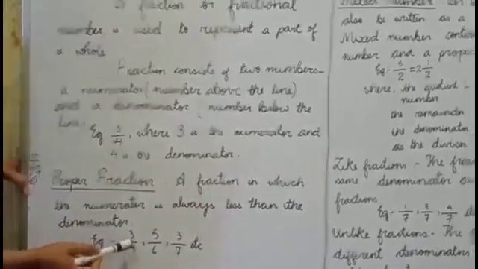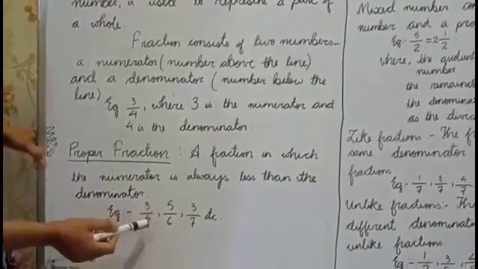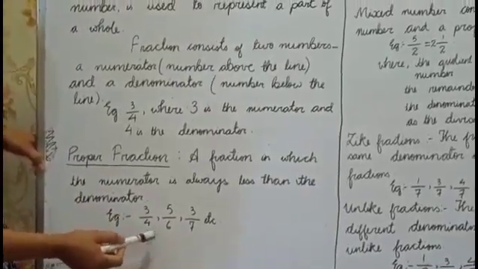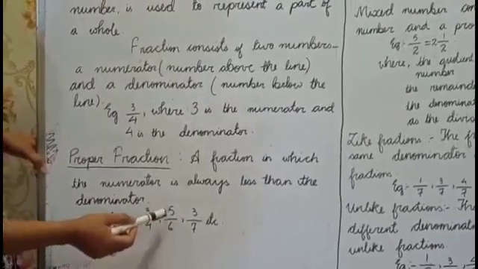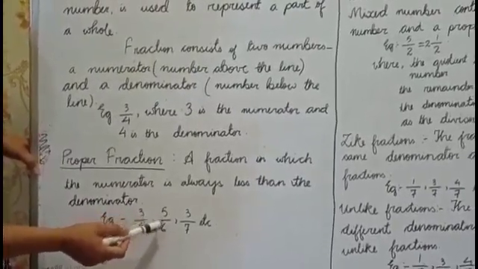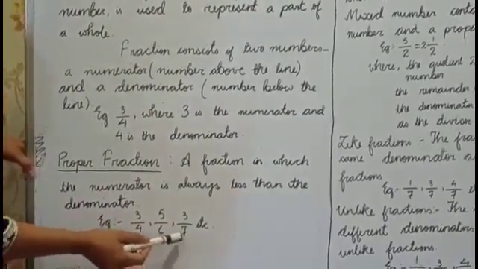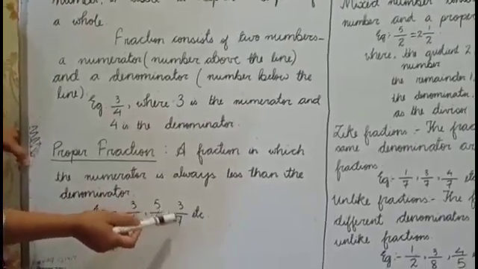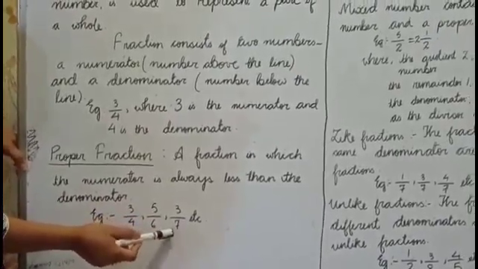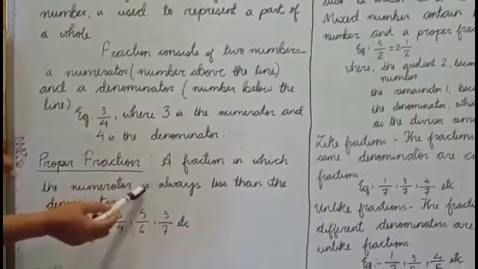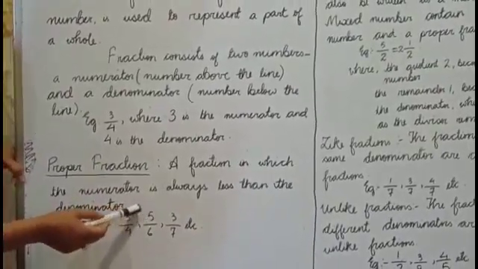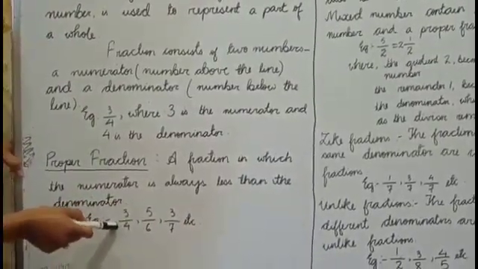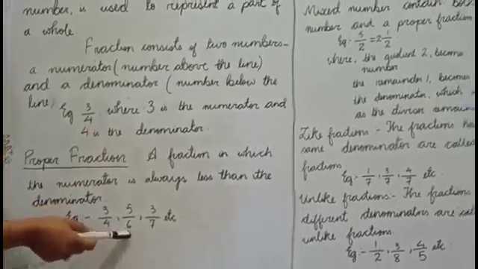Here the numerator 3 is less than the denominator 4. In the next example also, the numerator 5 is less than the denominator 6, and in the third example also the numerator 3 is less than the denominator 7. Such a fraction where the numerator is always less than the denominator is called a proper fraction.